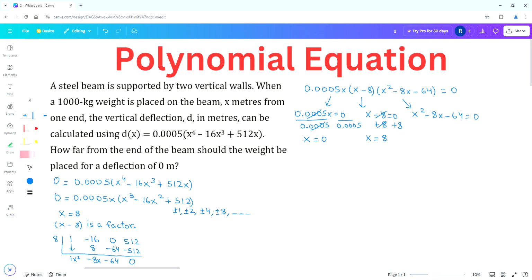We have to use the quadratic formula to solve this equation. In this equation, a is equal to 1, b is equal to negative 8, and c is equal to negative 64.